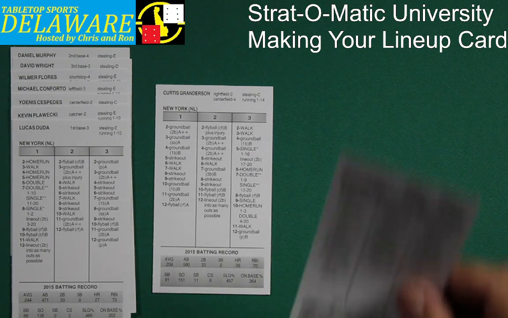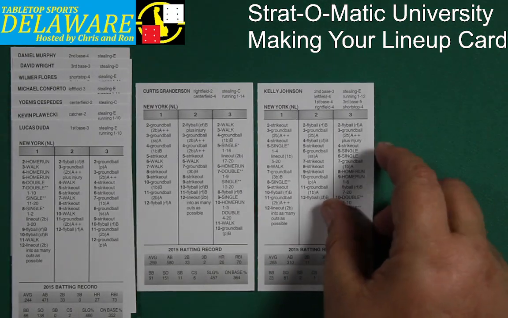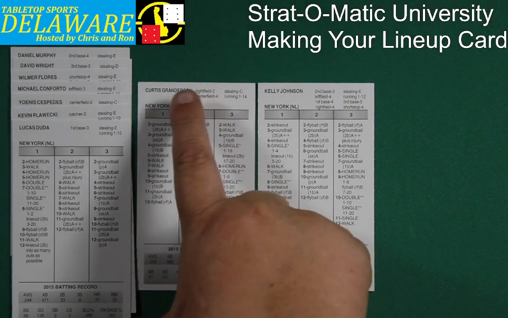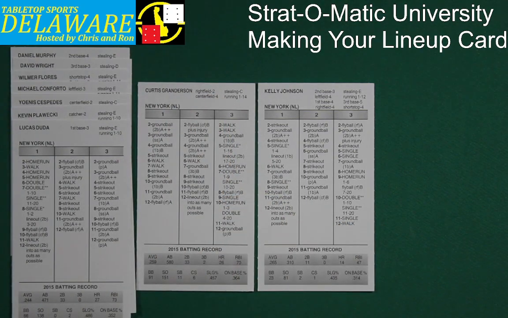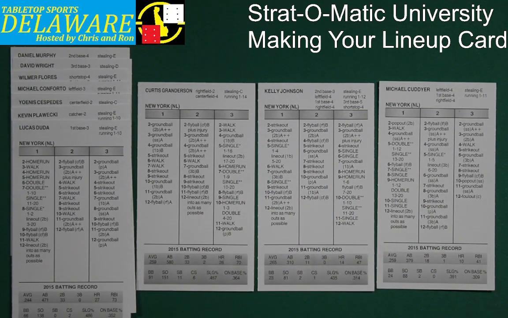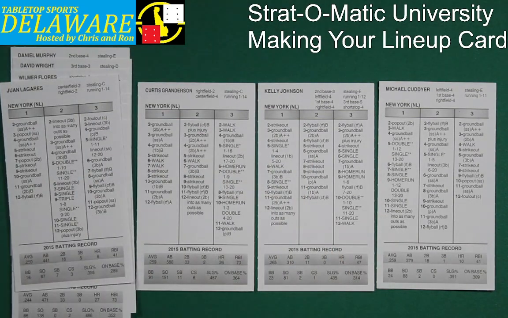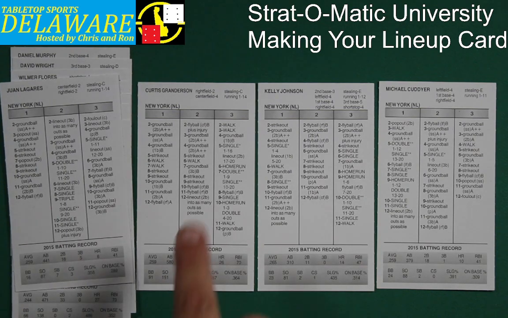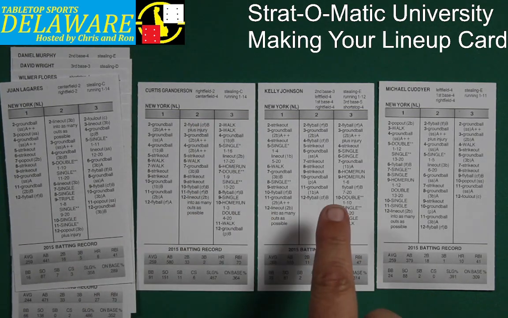Right field was the other position that we only had 1 primary right fielder listed, which was Curtis Granderson. We have Kelly Johnson. Michael Kadire can play right. He's on his card. Juan Lagares can play right. And that's it. So we have 4 that can play right field. Granderson, 580 at bats. He was the right fielder. He's rated at a 2 defensively.